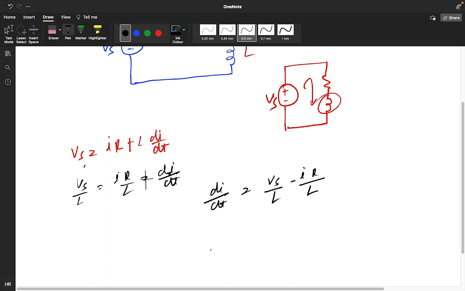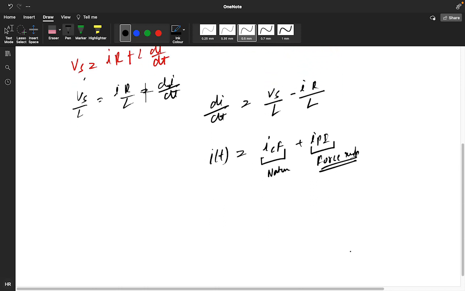You need to calculate the value of I of t. I of t is the function of two parts of the differential equation: one is the complementary function and one is the particular integral. The complementary function gives the natural response, and the particular integral gives the forced response.